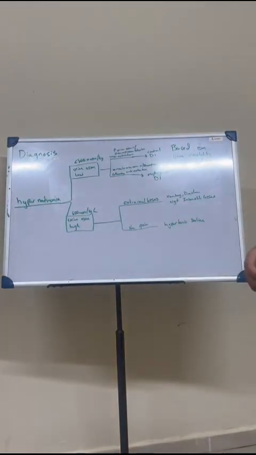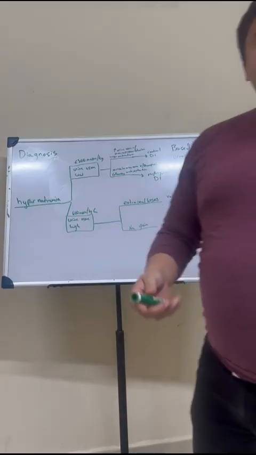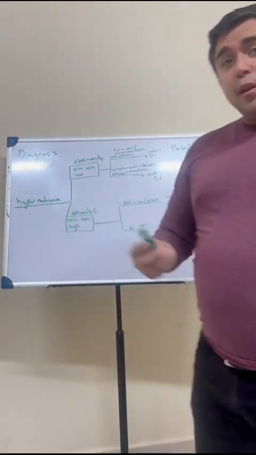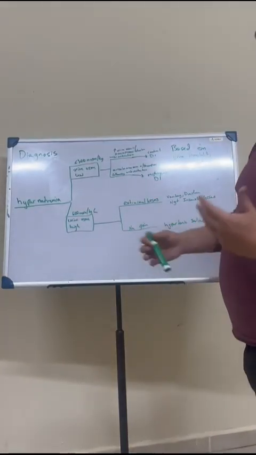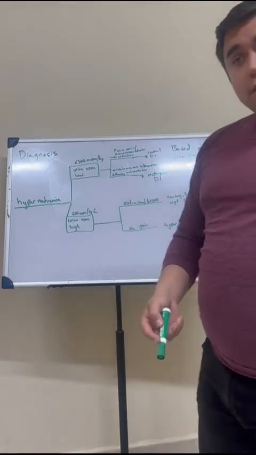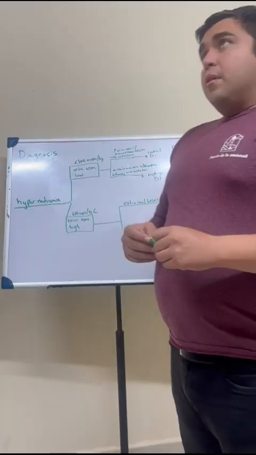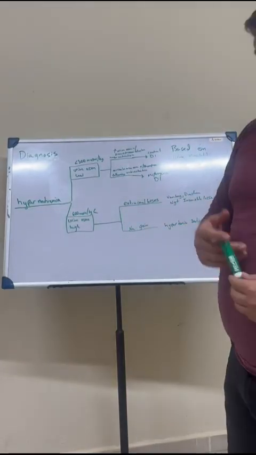So I'd like to go through if you have a high urine osmolarity. The two options with high urine osmolarity, according to this book, are extrarenal losses and sodium gain.